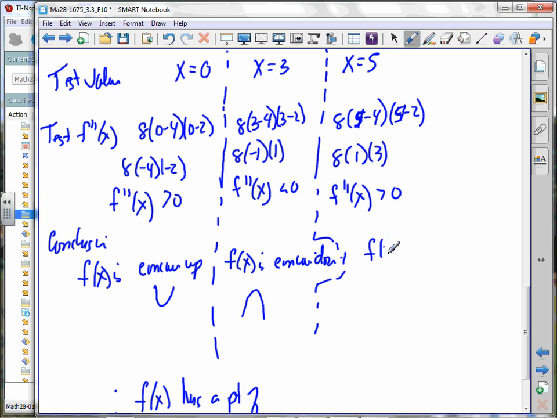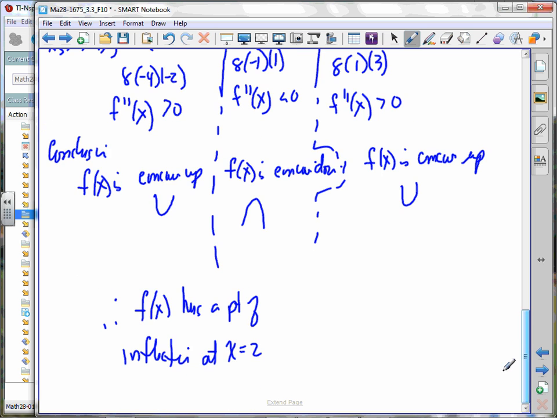So f of x is concave up. So what do you think at x equals 4? Inflection point? Okay. Okay, that's the type of work then that we need to go through. We're asked to find inflection points.